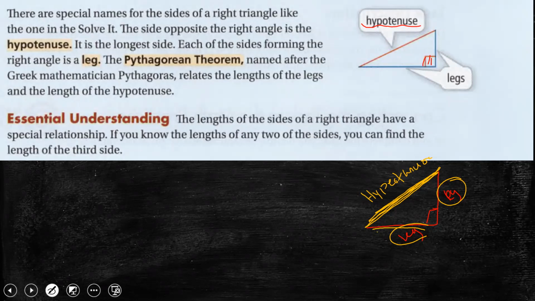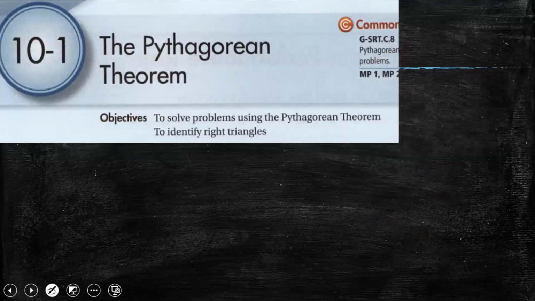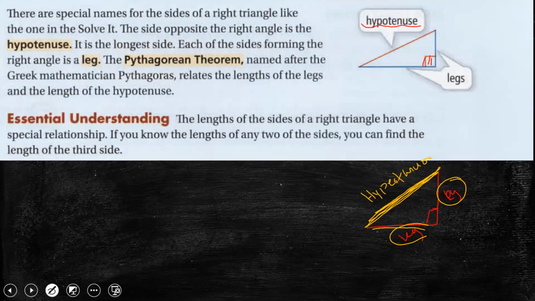What did he say? He said that the lengths of the sides of a right triangle have a special relationship. If we know the length of any two of the sides, you can find the length of the third side. So if you know the length of the first leg and the length of the second leg, and you need to find the hypotenuse, you will go to the Pythagorean theorem.